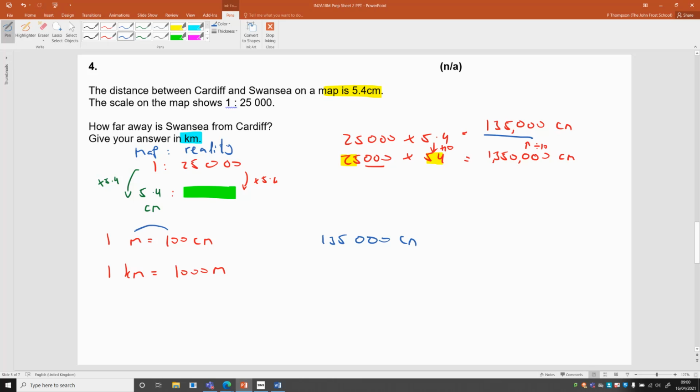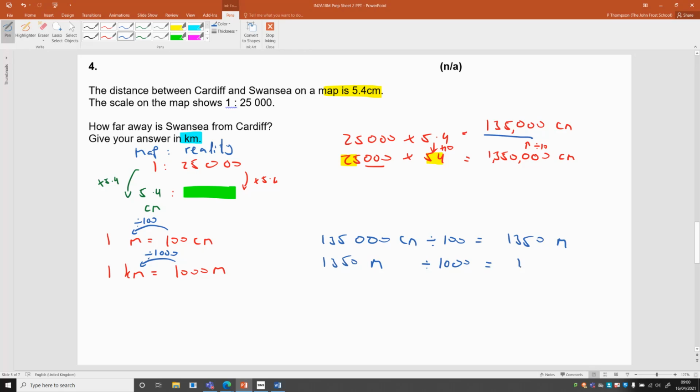To work backwards, of course, you would divide by 100, wouldn't you? So you can just lose 2 zeros: 1350 meters. And then to go from the meters to the kilometers, you divide by 1,000, and if you divide by 1,000, you get a really daft answer.